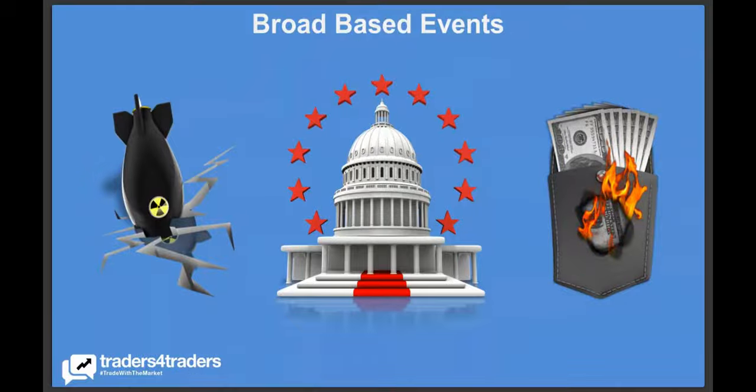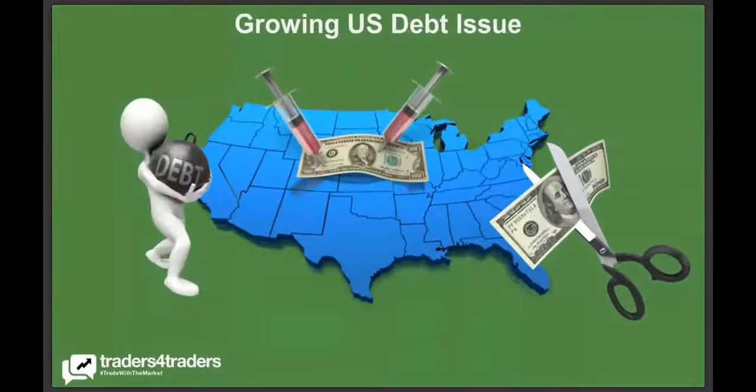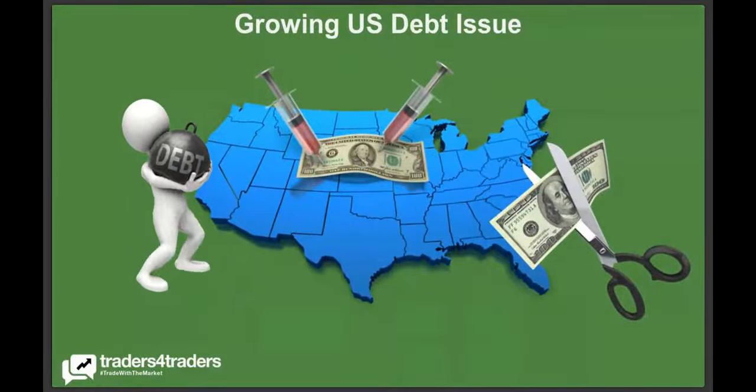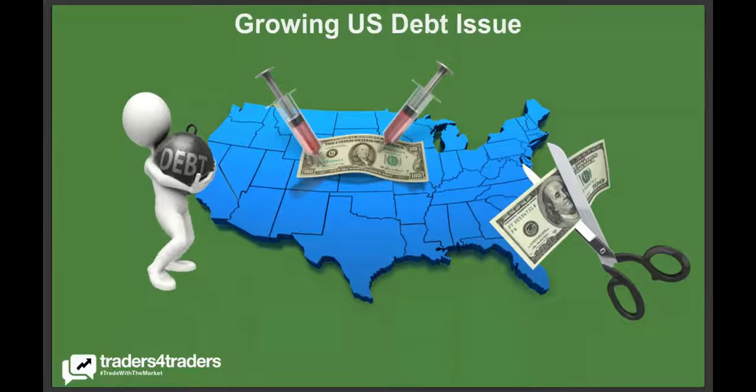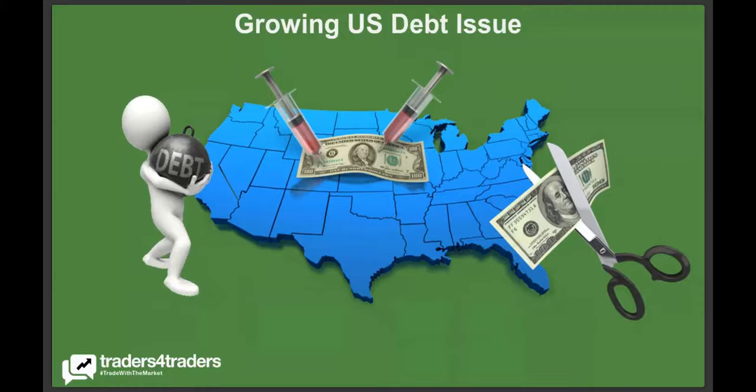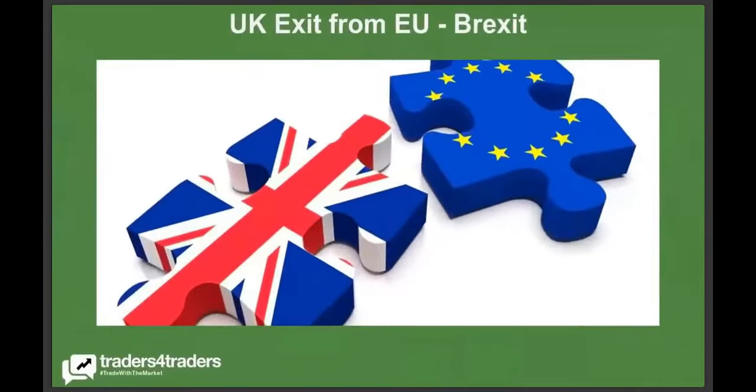Everyone's got a load of debt these days. So they're broad-based events and they can hit various markets. For instance, the growing US debt has been an issue for some time now. When it comes into focus, we can see it impact the US dollar, and movement around that dollar becomes quite erratic and hard to predict. And that's when trading does get a little bit pear-shaped.